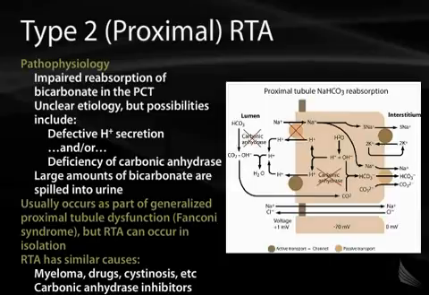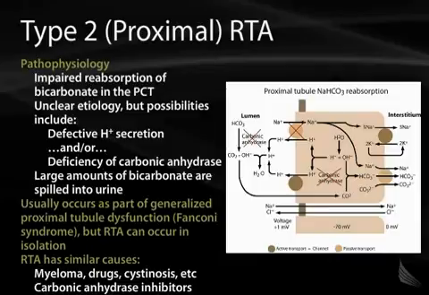Impairment in any of these steps, the sodium-hydrogen exchanger, carbonic anhydrase, or the sodium bicarbonate basolateral reabsorption process, results in increased bicarbonate losses. Increased bicarbonate losses will look similar to the Fanconi syndrome, giving low serum bicarbonate concentrations and a metabolic acidosis.